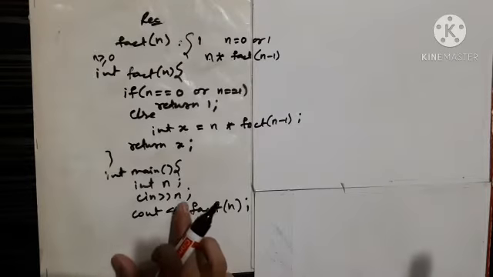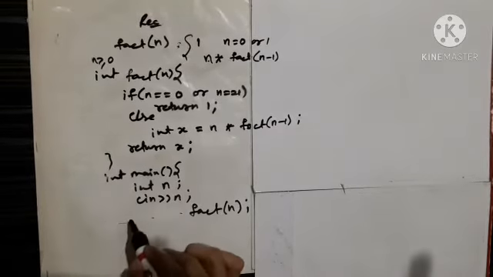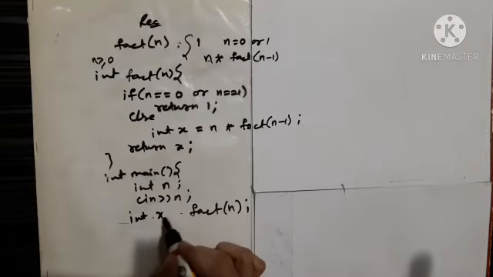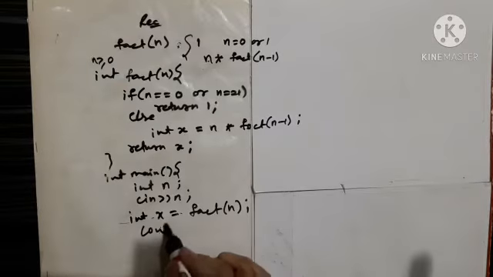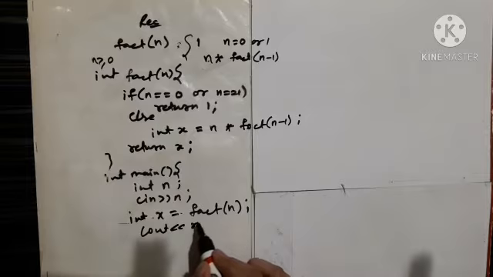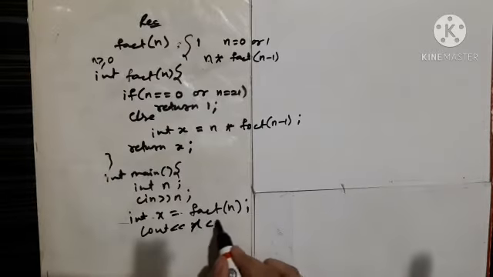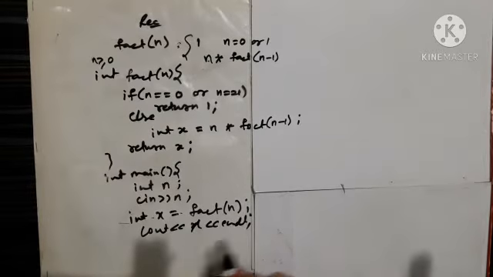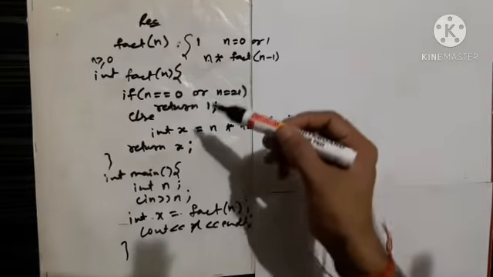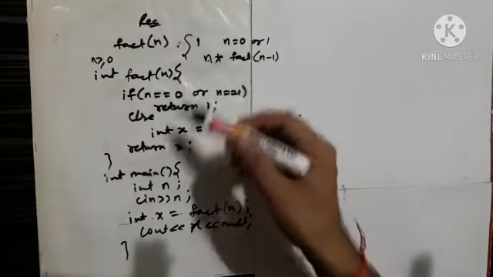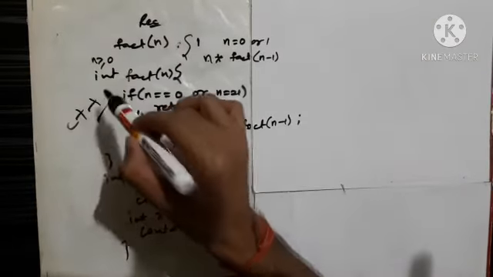You can also make a variable, say int x equal to this, and then print x. So I have written a complete code in C++. You can also write it in any other language.